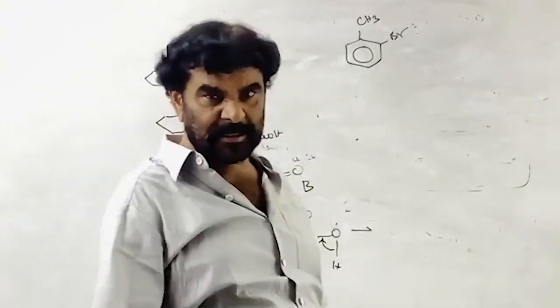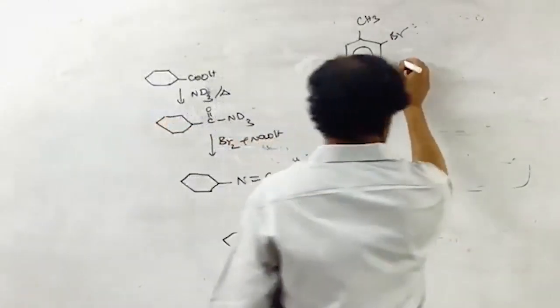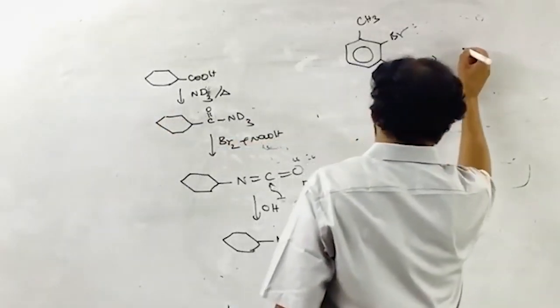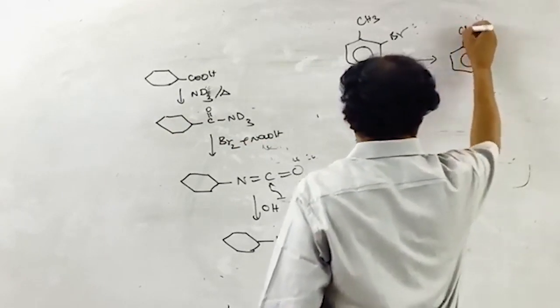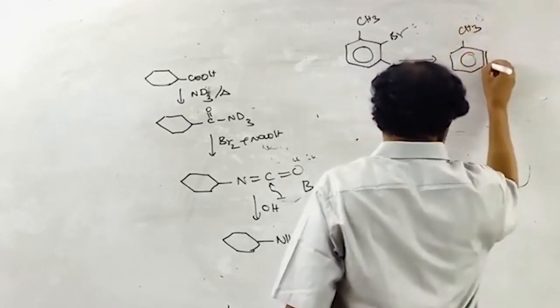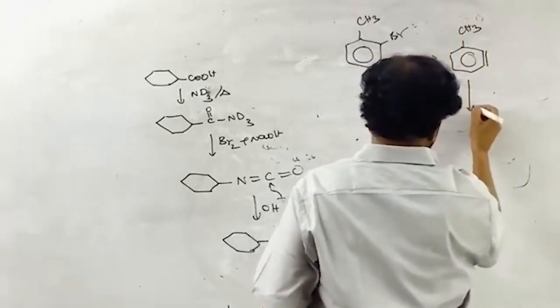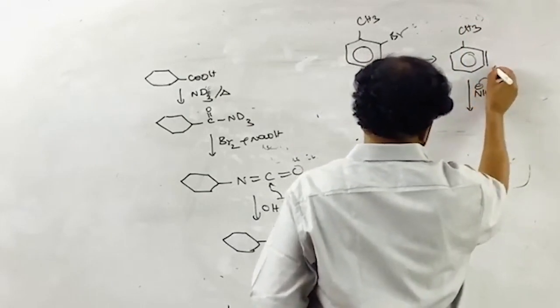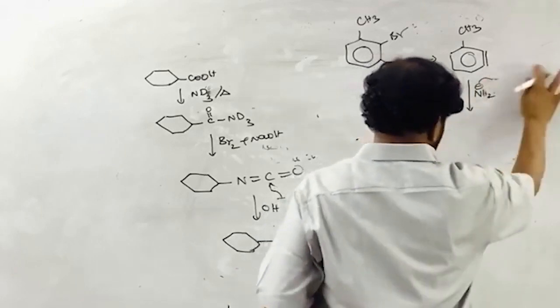Under forced conditions, they take part in the reaction through elimination and addition. The first step is elimination. This is the beta hydrogen. Methylbenzyne is formed in the first step due to the effect of NH2 minus. Again NH2 minus comes and attacks here, only here.